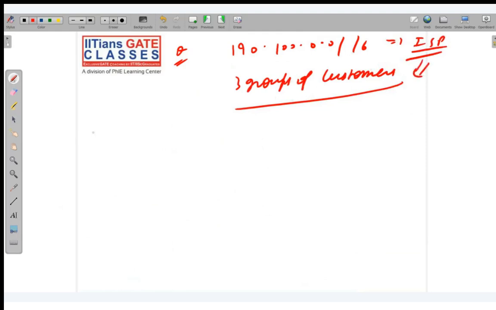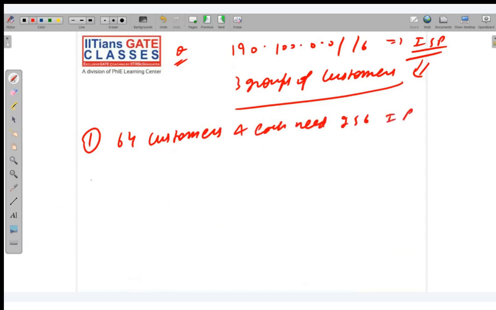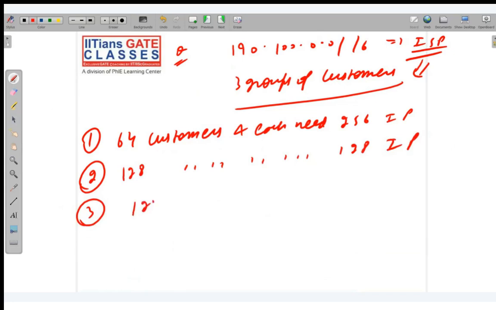So first group is, we have 64 customers, and each needs 256 IP addresses. Second group is 128 customers, and each needs 128 IP. Third group of customers is 128 customers, and each needs 64 IP.